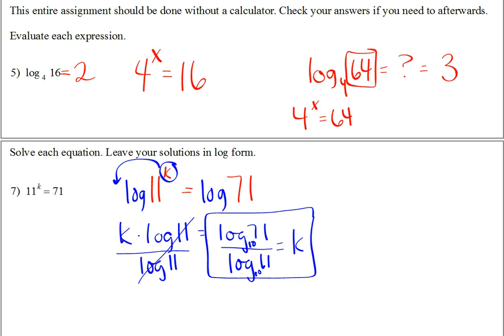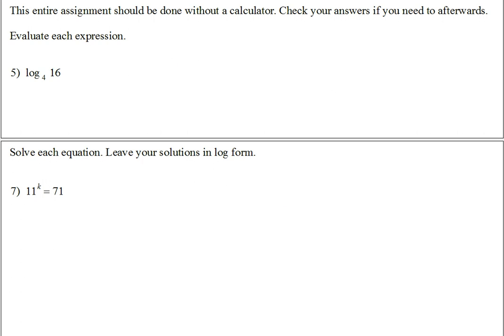That sounds like a big mess, but let's compare this to what we see in number 5, where we're going back and forth between forms. I'm going to clear this real quick. What this means is, 11 to what power equals 71? The base on a log would be 11.